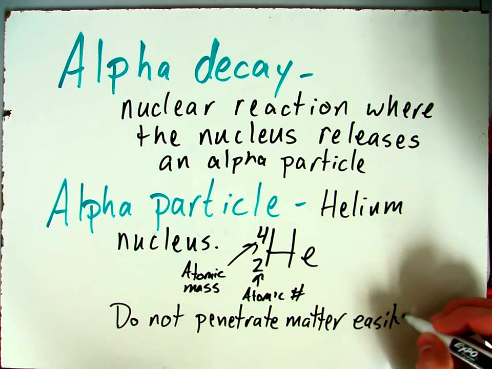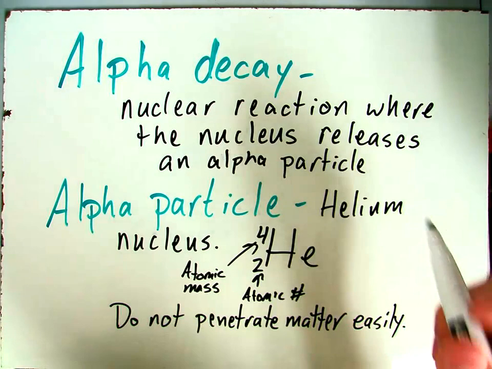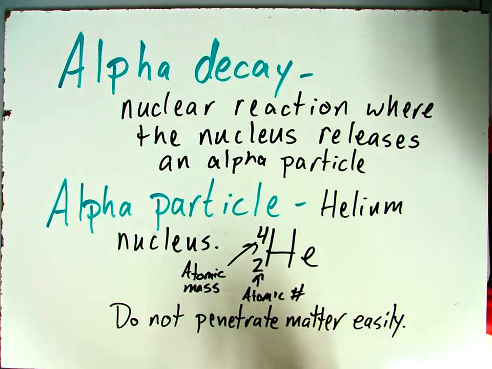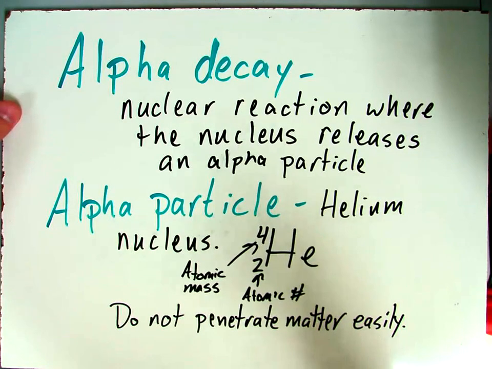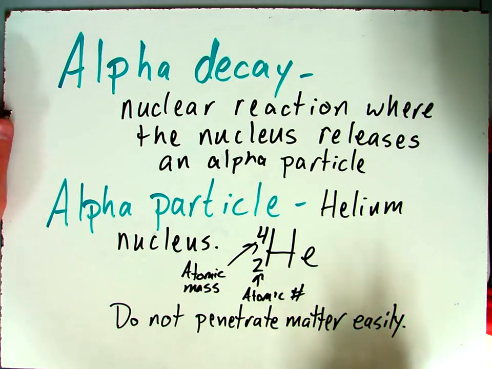Alpha particles can easily be blocked by a sheet of paper. So of the 3 types of radioactive particles, these are the easiest to stop.